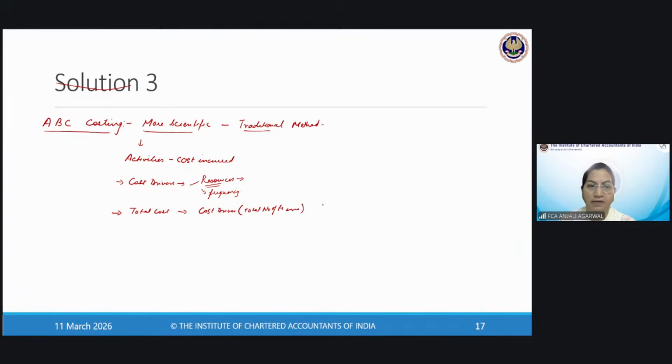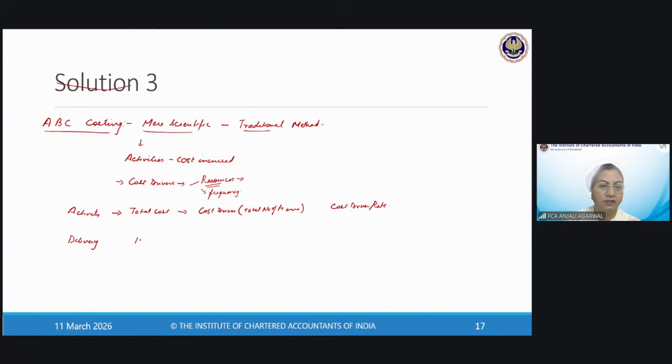And then we divide the total cost by the total number of times the cost driver is used. We get the cost driver rate. That rate is established. For example, the activity was delivery of goods to the customer.